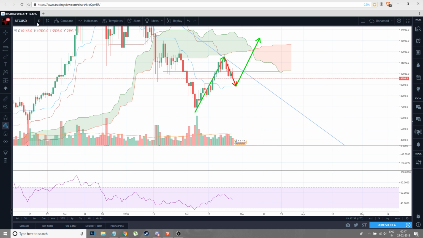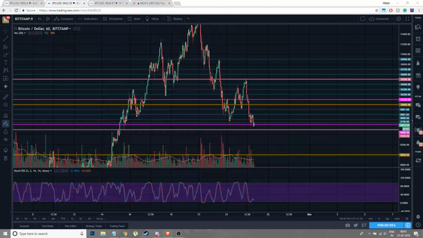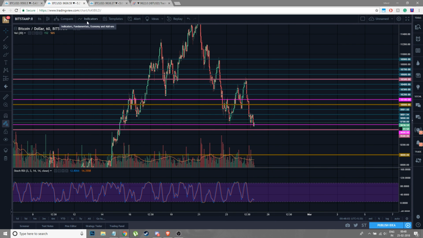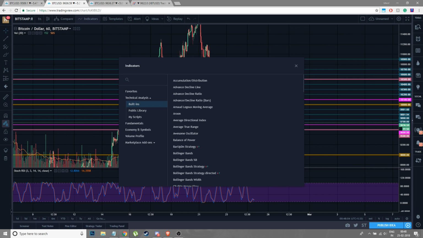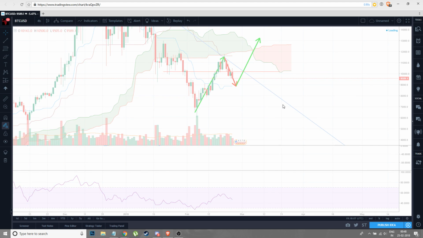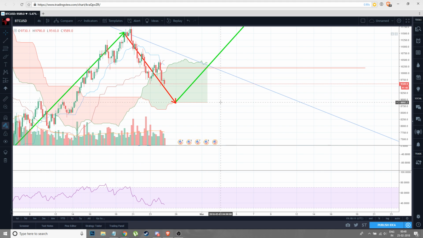The next thing is the 4-hour chart, and I'm going to go to my own charts for this. Alright, never mind, we'll see the 4-hour chart on this chart. So 8800 is also the bottom of the cloud on the 4-hour chart.